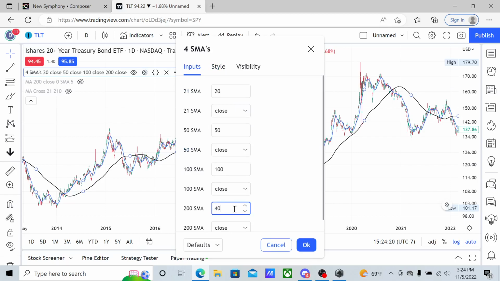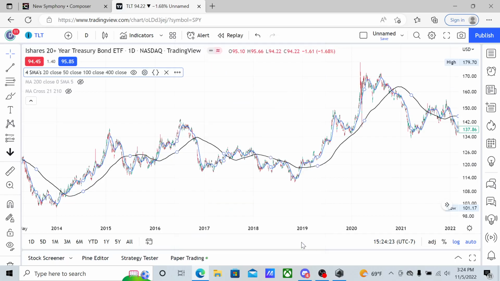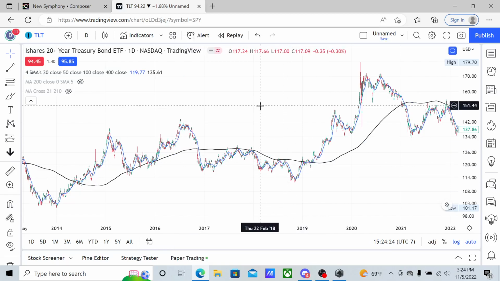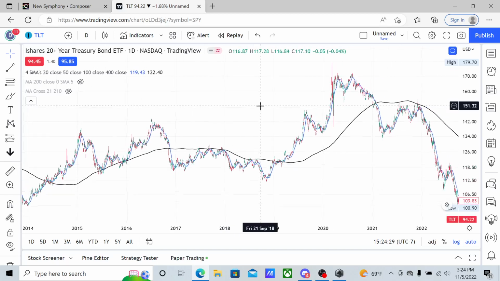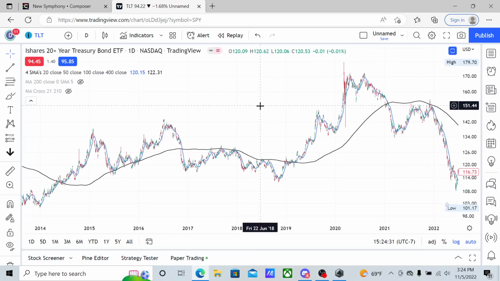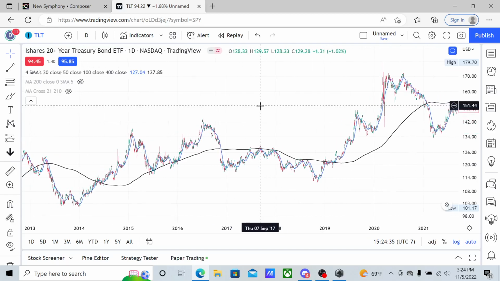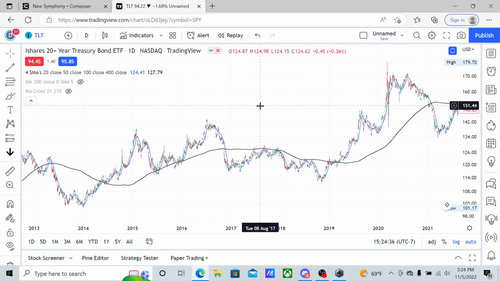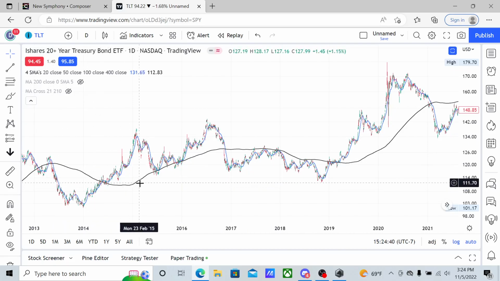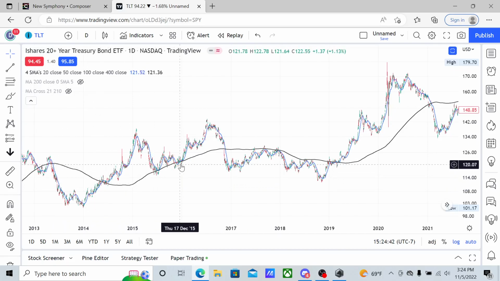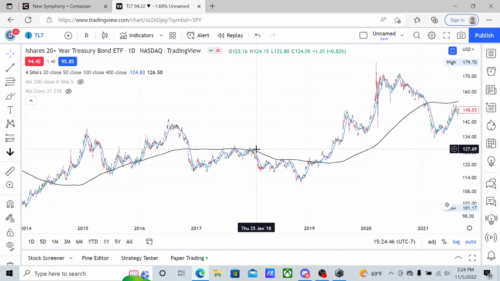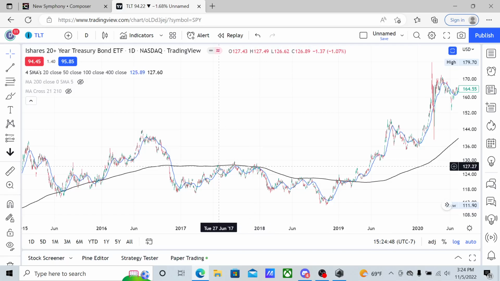I've found the 400 works pretty well with TLT. You could play with it and figure out if something else works better. But because long-term treasuries don't move the same way that the S&P 500 does, you can see that they tend to respect this 400-day moving average a little better than the 200.